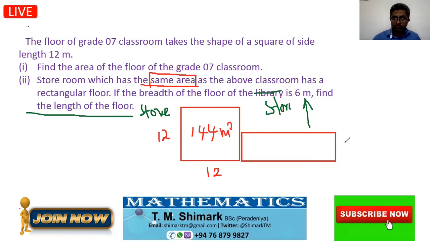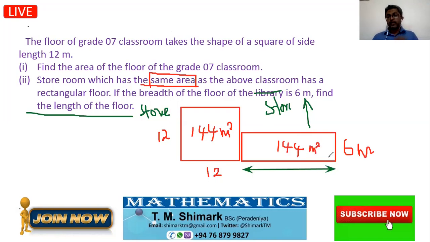Now they are saying they have a store. The width is 6 meters. The question is, what is the length here? But they have given additional information: the area is already known, 144. How do we know the area of this store is 144?